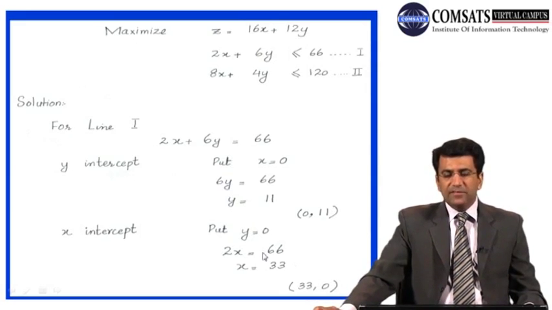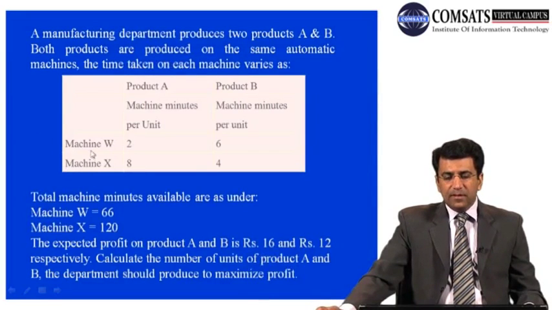Second, as we know, machine W takes 2 minutes for product A and 6 minutes for product B, and the total time available for machine W is 66.